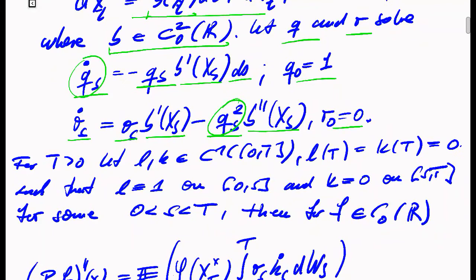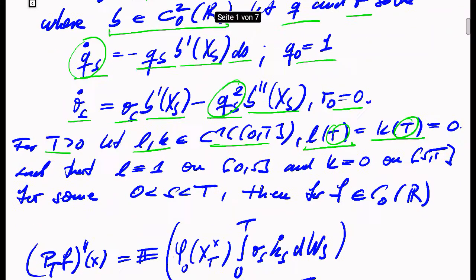Then let t be a fixed positive time and choose two control functions, namely two deterministic functions defined on the interval from 0 to t, which are chosen such that both functions vanish at terminal time, capital T, which is a time of our choosing.